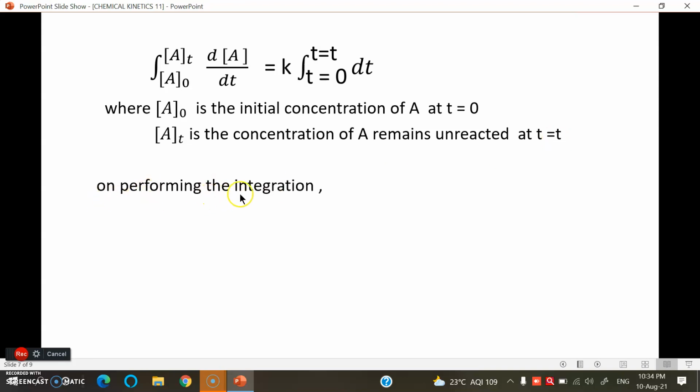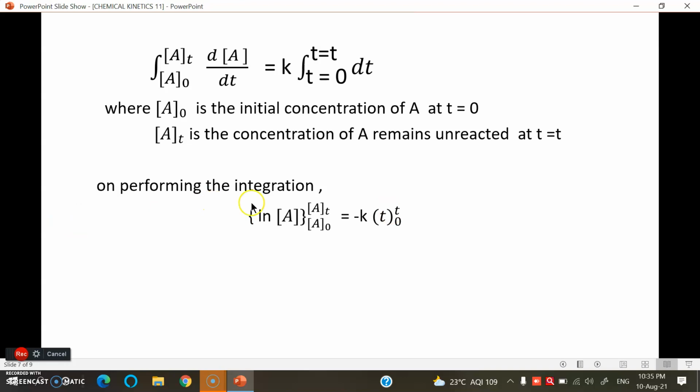On performing the integration and solving, we get ln concentration of A, lower limit concentration of A0, upper limit concentration of At, is equal to minus K t from 0 to t.